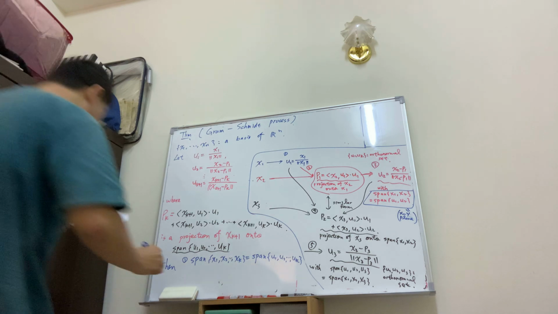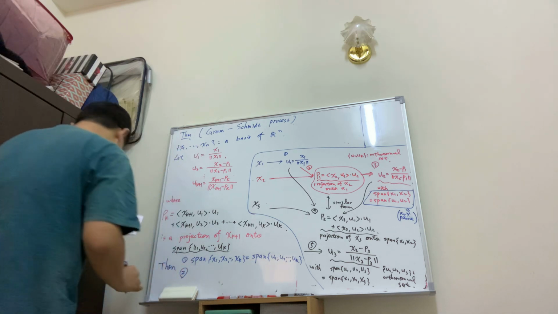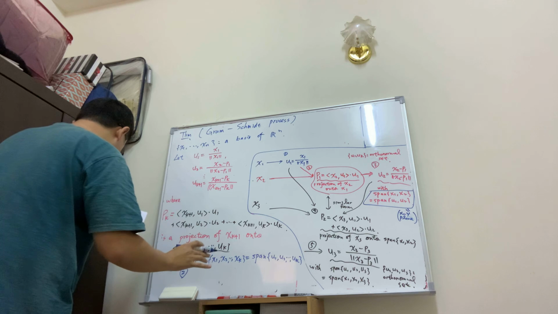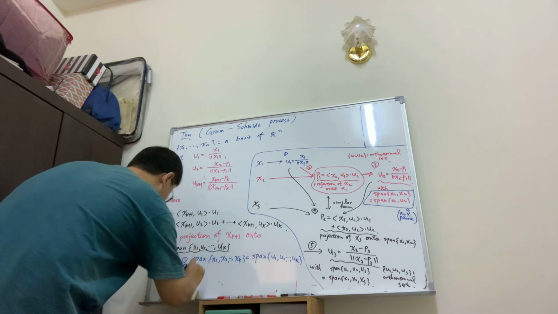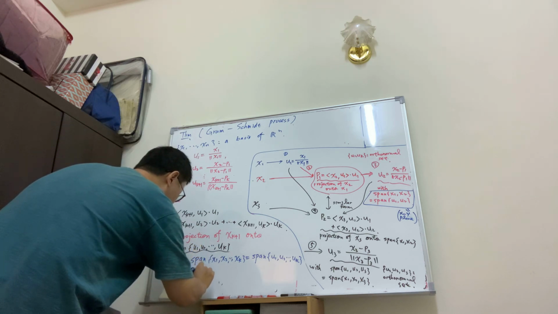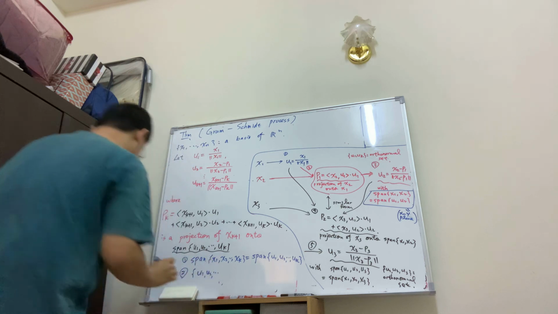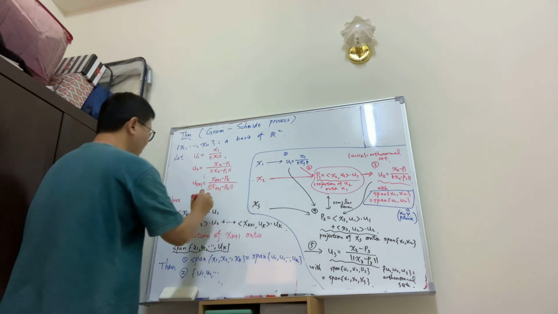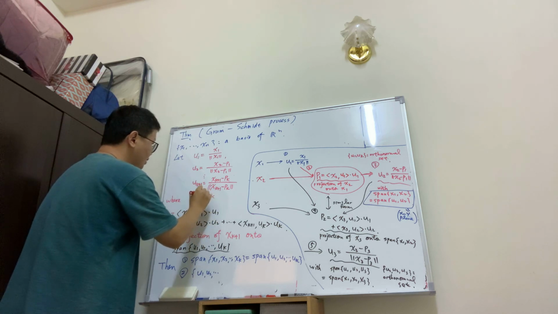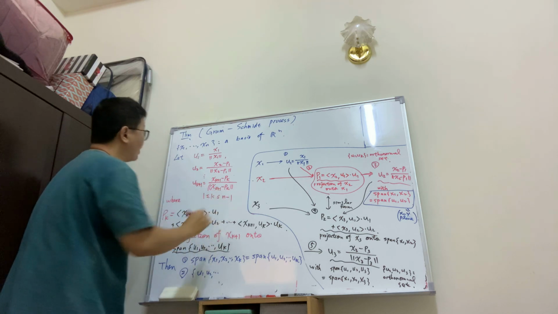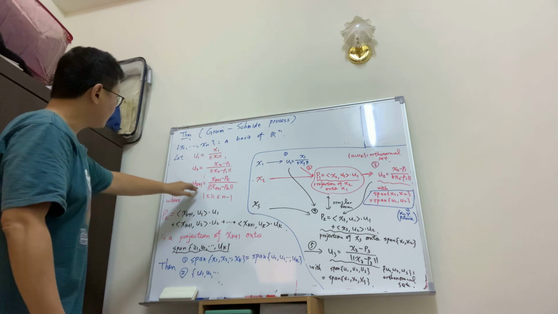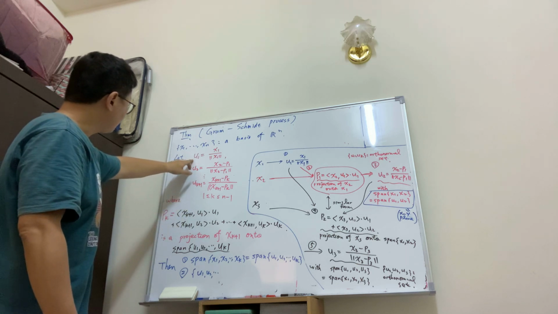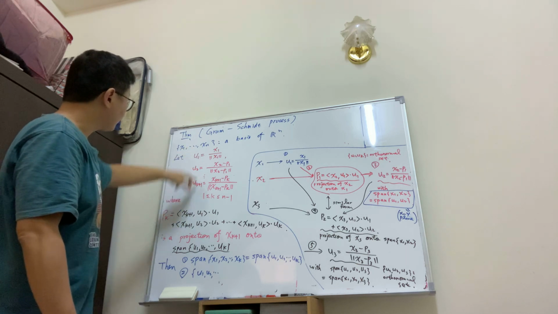I mean they have the same span. Second one, U1, U2, oh, here I forgot to mention it: k is greater than 1 and less than n subtract 1, so it contains all of them.